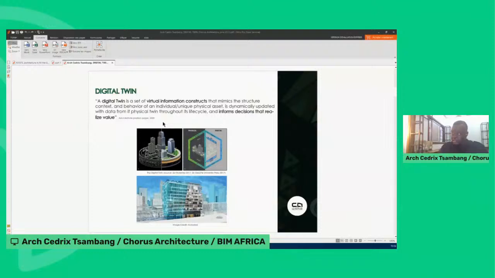There are many definitions. Obviously, some have been given in the beginning, but a digital twin is all about a set of virtual information constructs that mimic the structure of an individual unique physical asset. It is dynamically updated with data from its physical twin through its life cycle and informed decision that realize value.